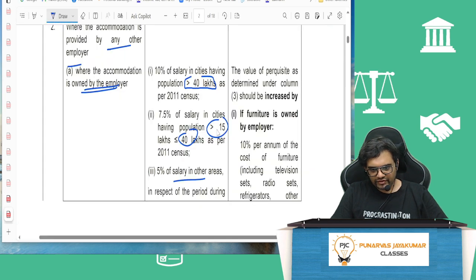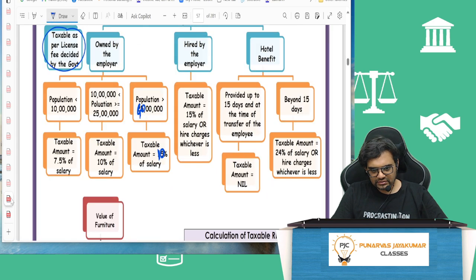Next, more than 15 lakhs, less than 40 lakhs, this 15 to 40 lakhs will become 7.5% of salary.